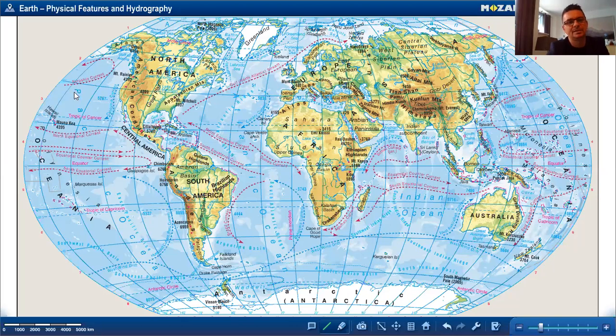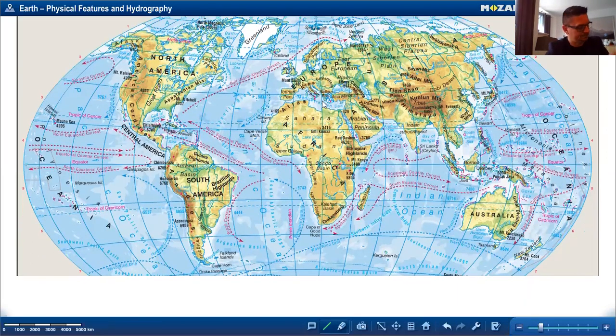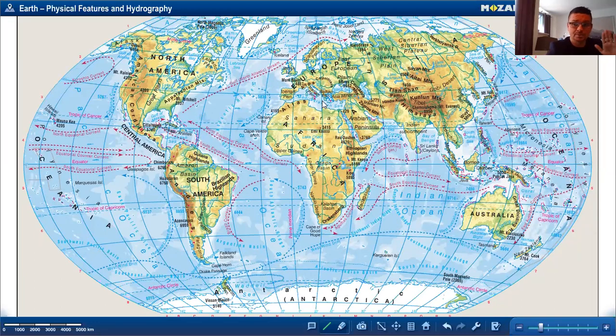So the name is written here in blue, Pacific Ocean. Yes. Next one is gonna be D, the Arctic Ocean. Let's see if I can move this map. Yeah, Arctic. A-R-C-T-I-C. That's the Arctic Ocean. Okay, so far so good.